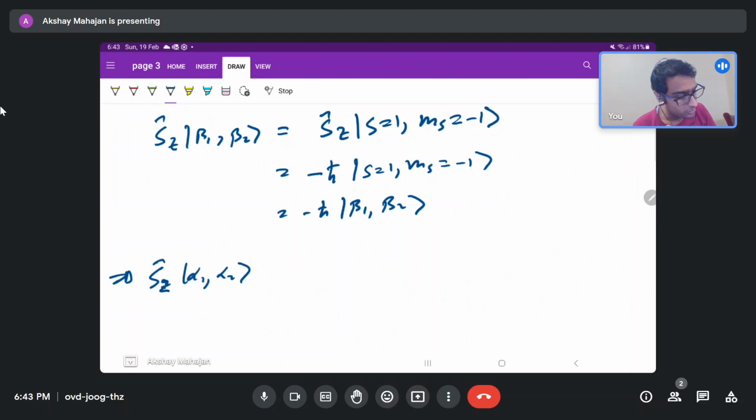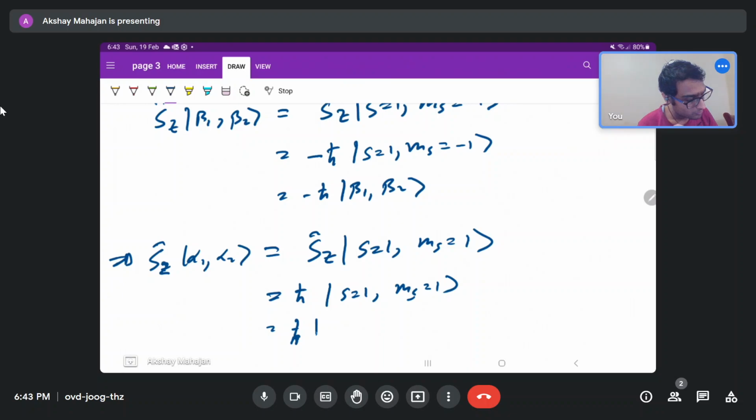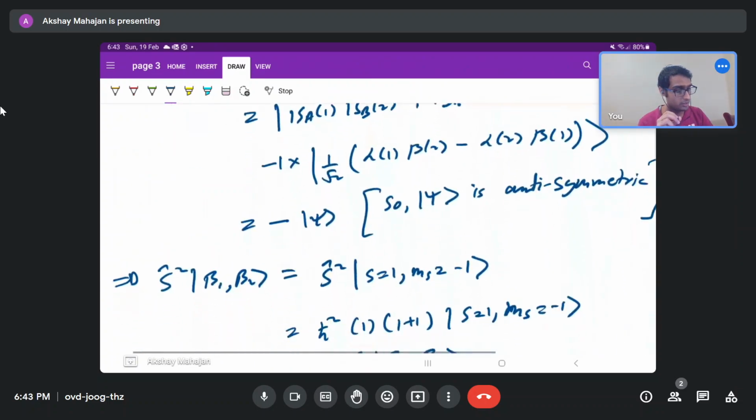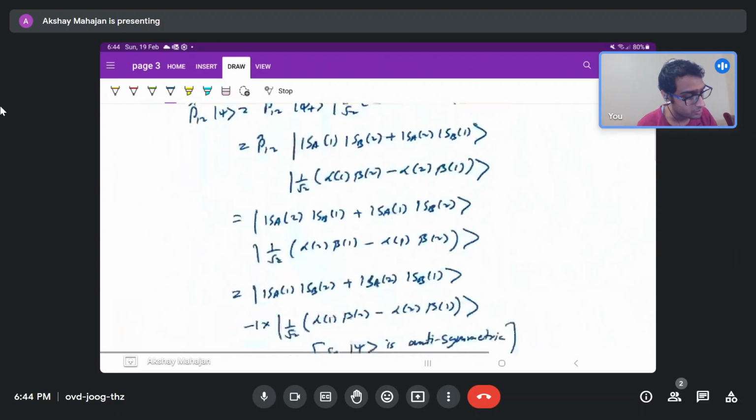That means S_z acting on S equals 1 and M_S equals 1, that is your alpha 1 alpha 2. That will be equal to h cross times M_S, which is 1, so h cross times alpha 1 alpha 2. This is how we have to solve for these spin states: we have to find S squared and S_z.